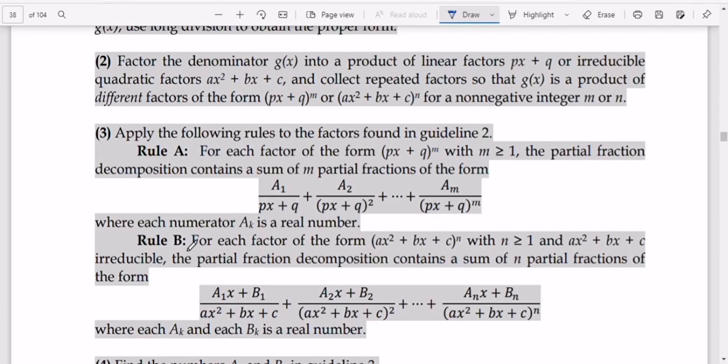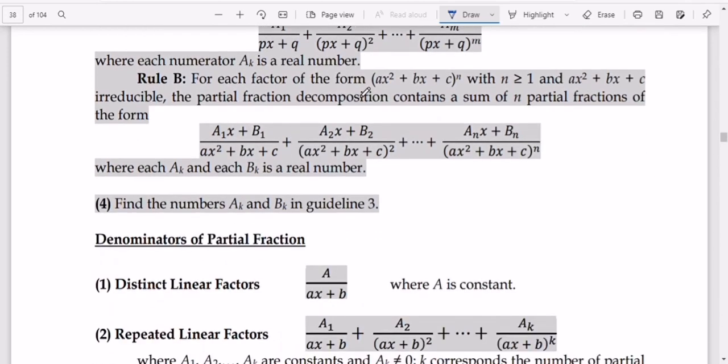The second rule: for each factor of the form (ax squared plus bx plus c) raised to n, where n is greater than or equal to 1 and ax squared plus bx plus c is irreducible, the partial fraction decomposition contains a sum of n partial fractions of the form a sub 1 x plus b sub 1 over (ax squared plus bx plus c), plus a sub 2 x plus b sub 2 over (ax squared plus bx plus c) squared, and so on, plus a sub n x plus b sub n over (ax squared plus bx plus c) raised to n, where each a sub k and each b sub k is a real number.